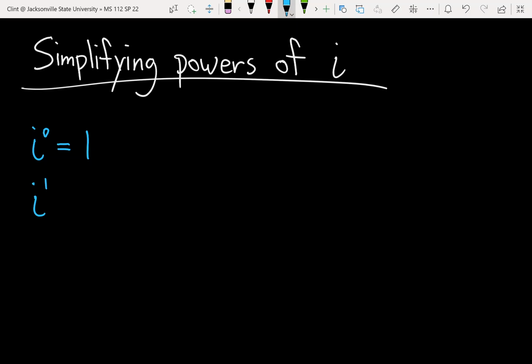Then i to the 1st power, anything to the 1st power is just what? Anything to the 1st power is itself. So that's just i. I squared, we've talked about quite a bit. I squared is negative 1.